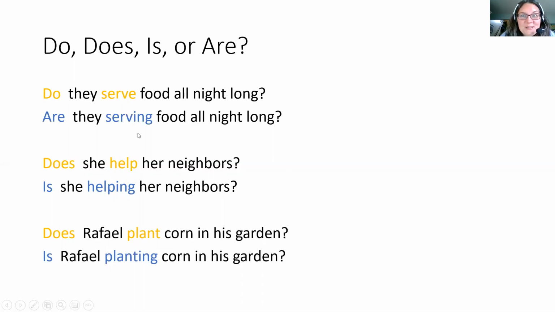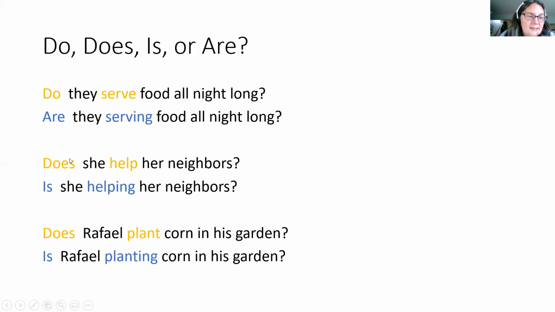That is present progressive, right? So we need the is or the are or the am, okay? And so we have our pronoun they, and they goes with are. We have our pronoun she, and she goes with is. And of course, Raphael is a he, goes with is.